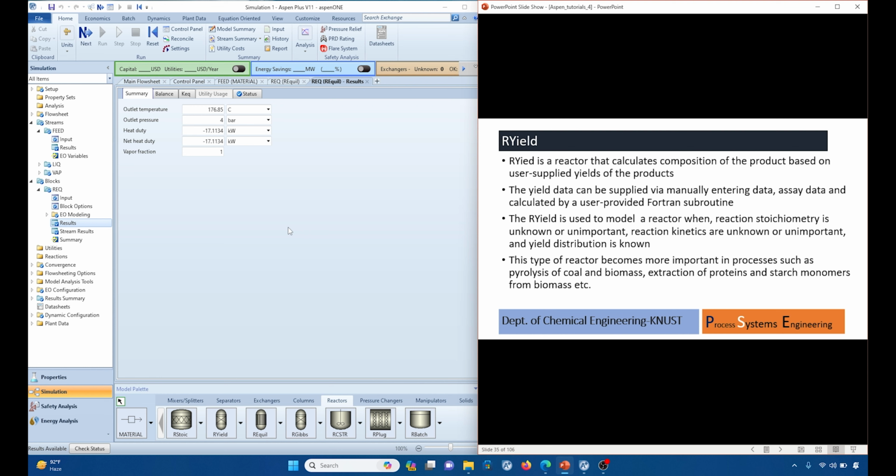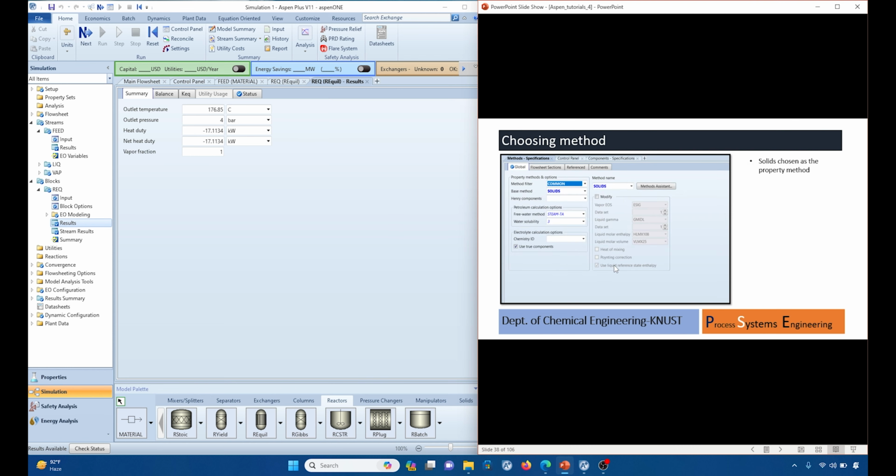And it's good for certain kinds of reactions like bioreactions and some solid phase reactions, where we might not know the reaction pathway or have a good idea of what the stoichiometry might be. But if experiments have been carried out and the data has been gathered, and we have an idea of what the yields are, then this is a very good reactor for simulating those kinds of problems.